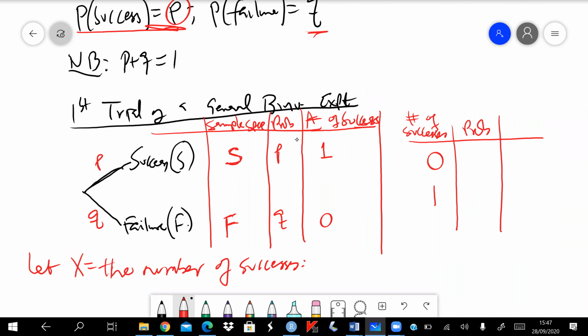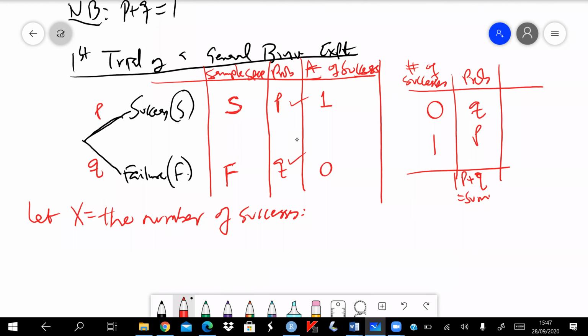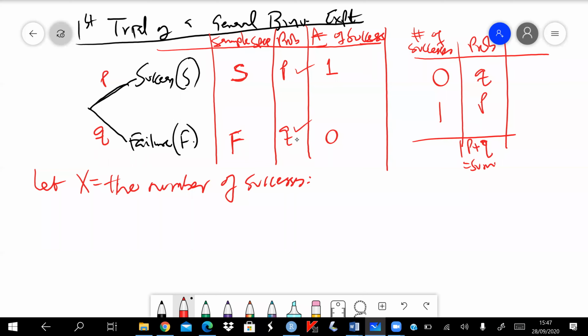The probability that you have 0 successes when you conduct a binomial experiment with one trial is Q. And the probability of 1 success is P. So let's just do P plus Q. We know the answer is 1. The sum of all the probabilities in the sample space is P plus Q, which you know is 1.